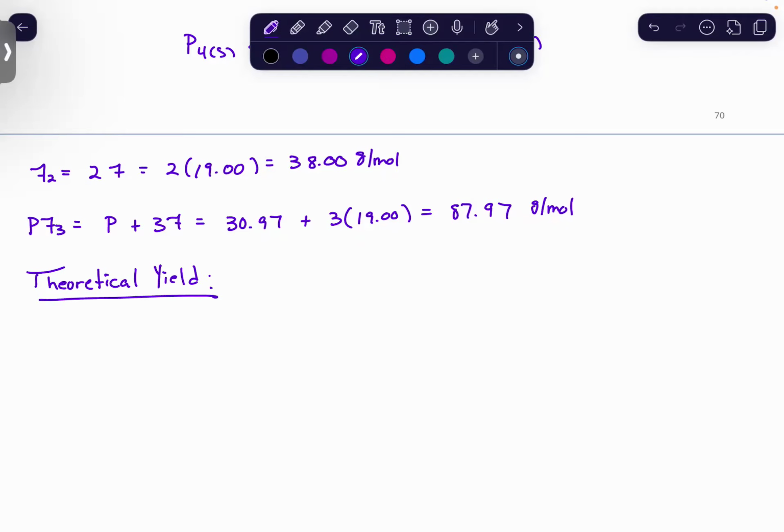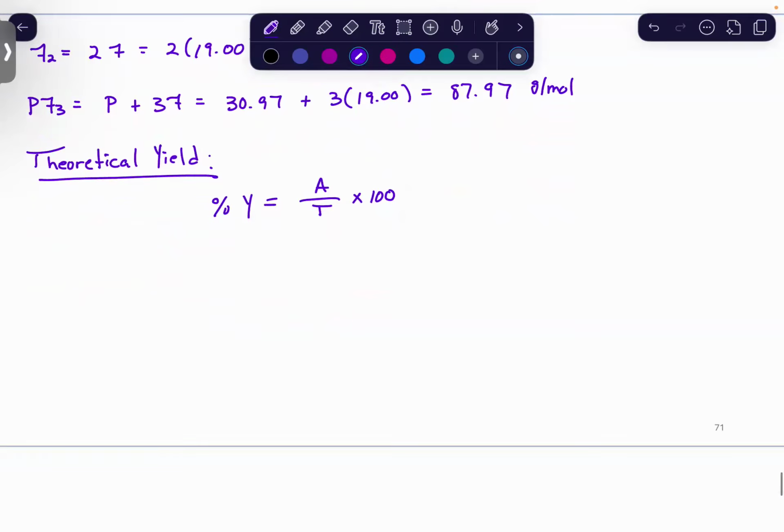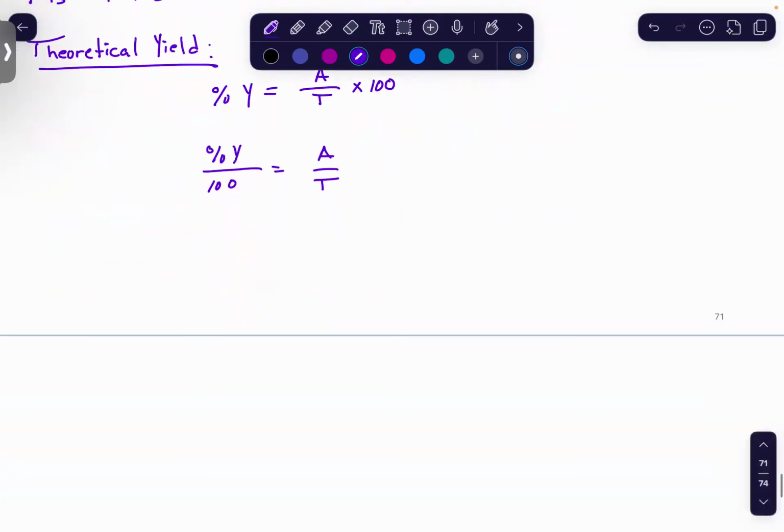So I'm going to start with my equation. Percent yield is going to be actual over theoretical times 100. Okay. So I'm going to divide through by 100. So percent yield over 100 is going to be actual over theoretical. Okay. So I'm going to multiply through by theoretical.